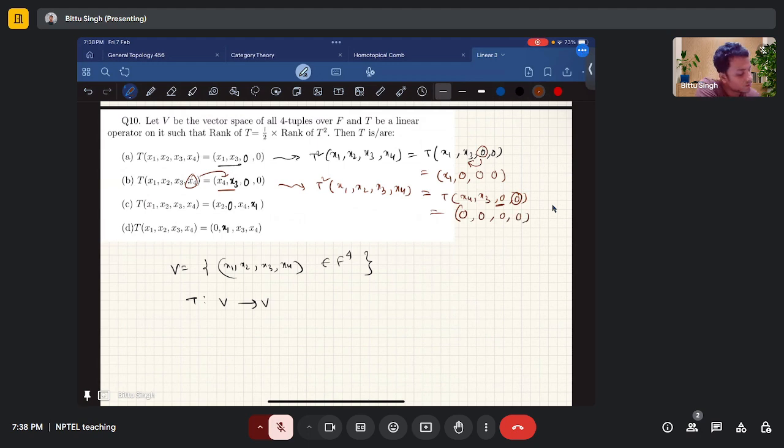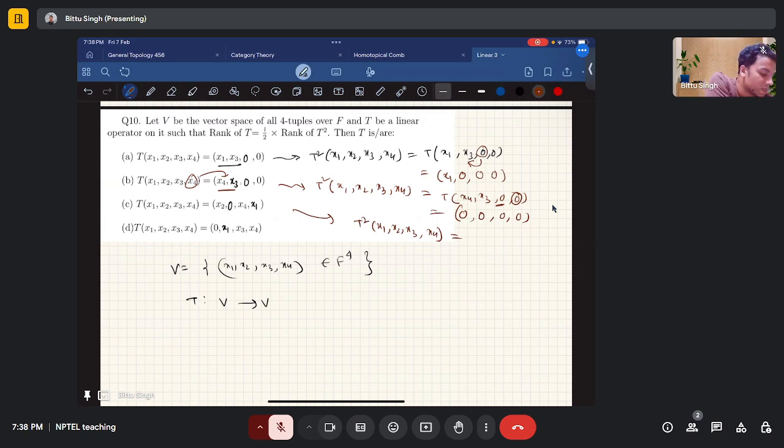0 by definition. Similarly, this T square of (x1, x2, x3, x4), similarly we can calculate, right?